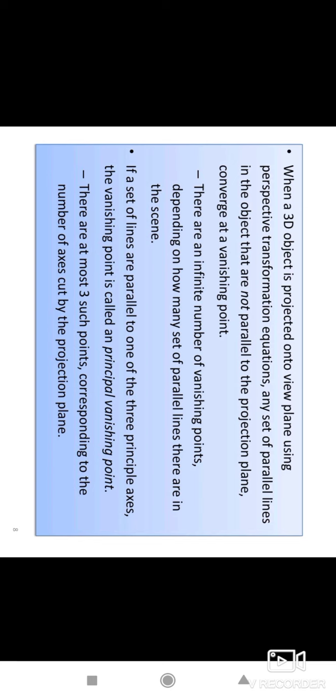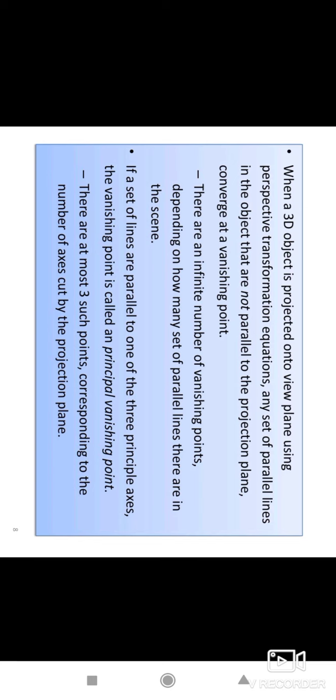Suppose we are projecting a cube that has sets of parallel lines.